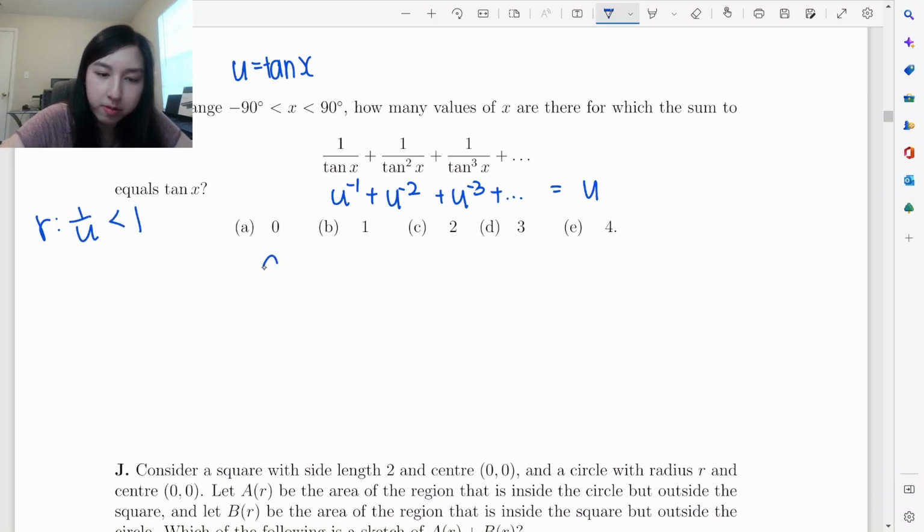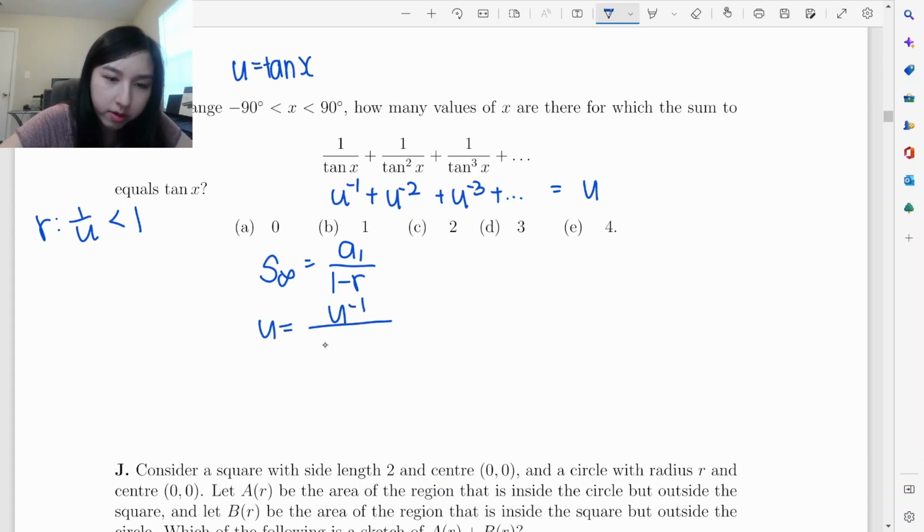Okay, so let's form the sum to infinity formula, a1 over 1 minus r. So in this case, u equals u to the power of -1 over 1 minus u to the power of -1.